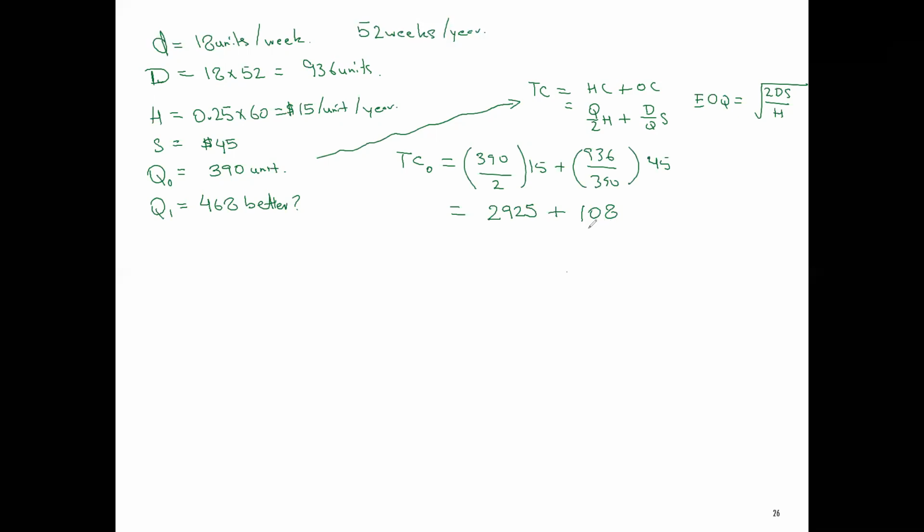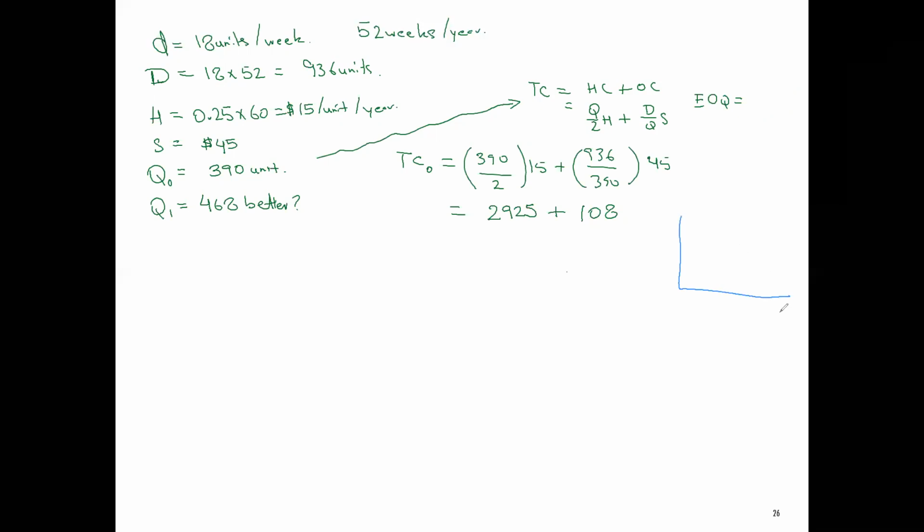Now, even before we move ahead, we know that this quantity is not EOQ. How do we know this? The reason we know this is because our holding costs and ordering costs are not the same. So remember, and let me draw it with a different color.